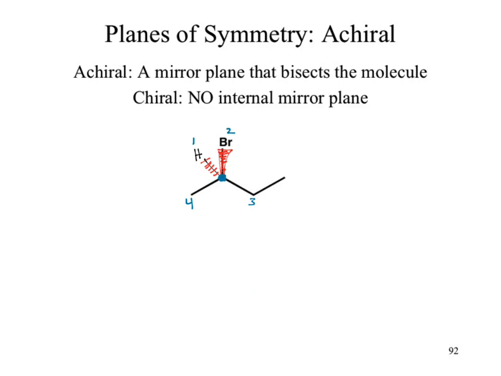So let's go ahead and do the test. Chiral or achiral? It's got a wedge and a dash, so it's got to be chiral, right? No, it has to be achiral. Why is it now achiral?